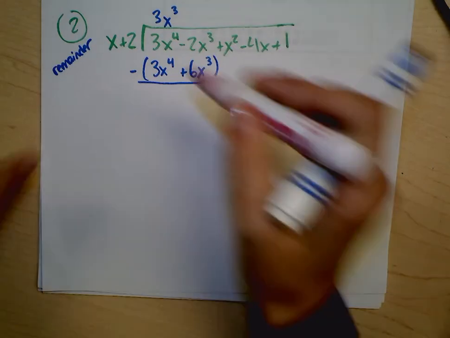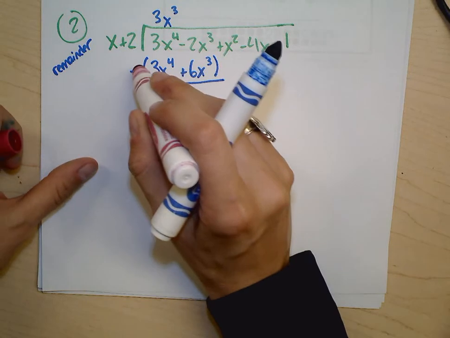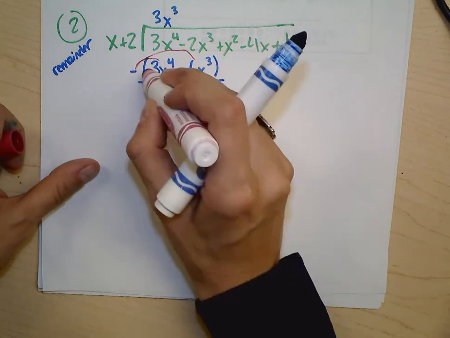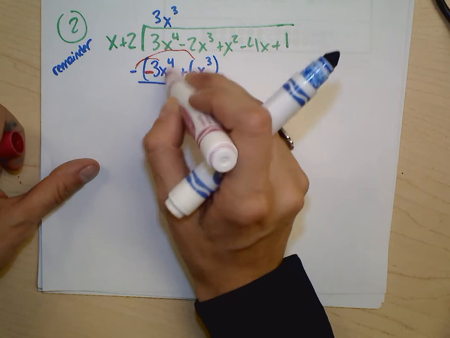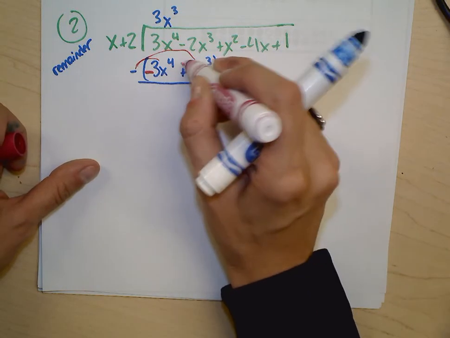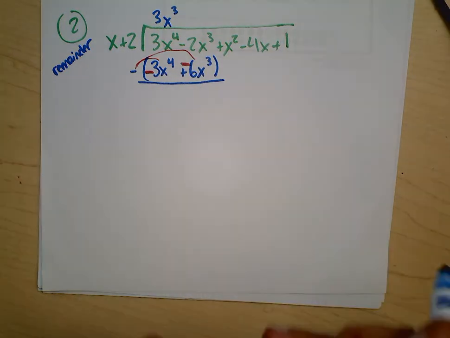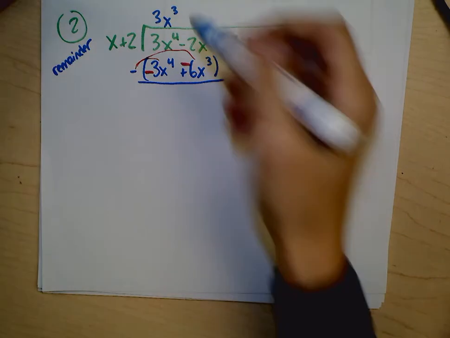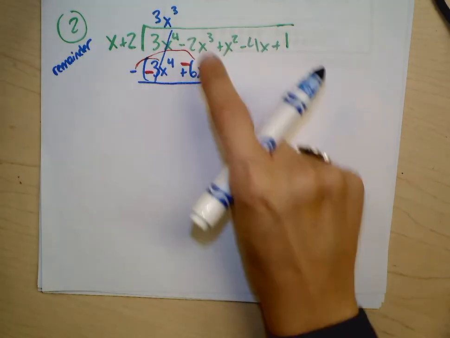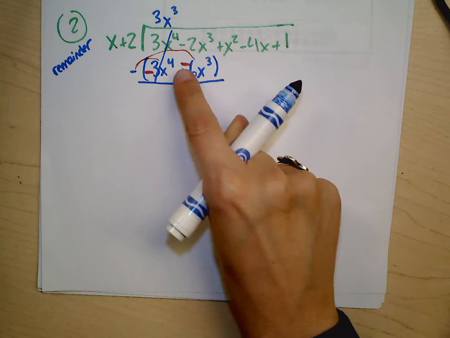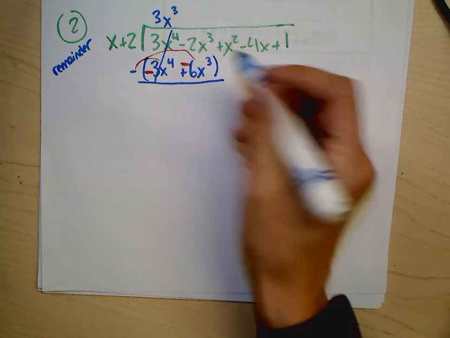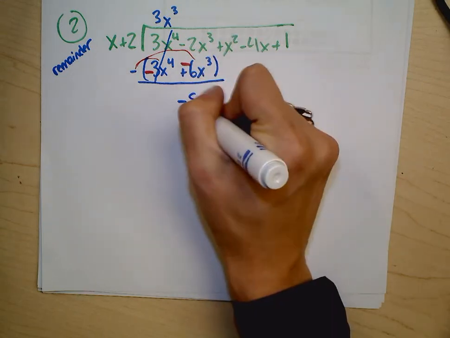So after I distribute the negative, this becomes a negative 3x to the 4th, and this becomes a negative 6x to the 3rd. So these are going to cross out. Negative 2x cubed minus 6x cubed gives me a negative 8x cubed.